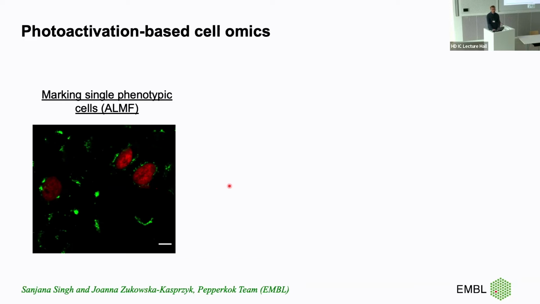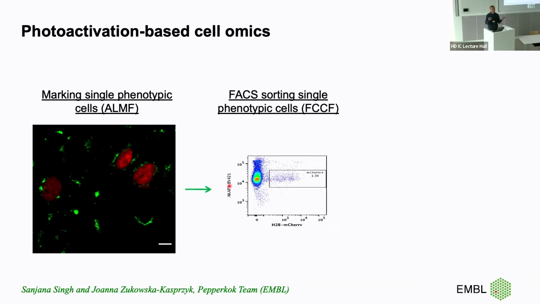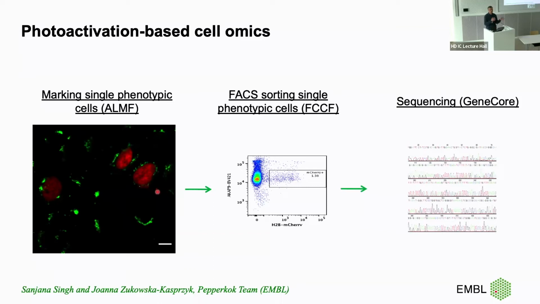And second, to have the entire workflow done, you need quite a number of cells, obviously, right? So you cannot do just a single cell. The entire idea of the project, which was done in Rainer's team, is to photoactivate a large number of cells, then with the flow cytometry facility sort them, and finally do the transcriptomic analysis or any kind of follow-up analysis which you want to do with them.